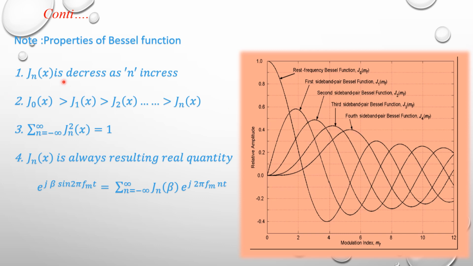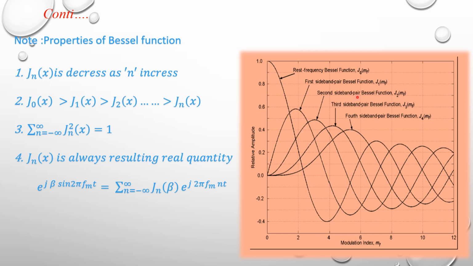So Jn of x decreases as n increases. For n equal to 0, the amplitude level is high, and n equal to 1 is a lesser value compared with the first.